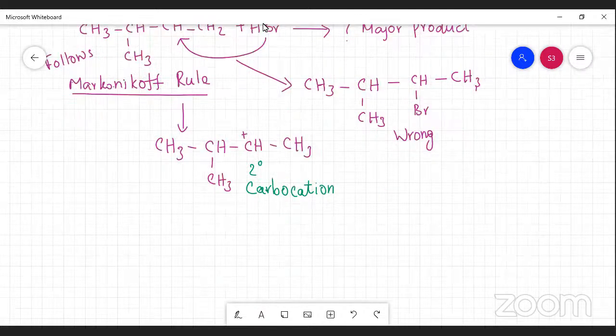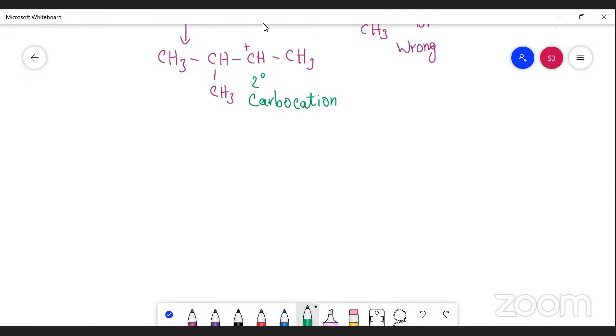Here there is a hydride shift, that is, an H minus shift, because of stability. So the H minus is going here, and we are getting a tertiary carbocation.